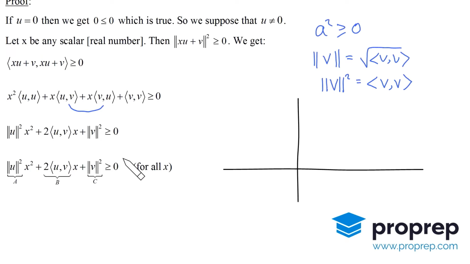What I want to do is draw a rough sketch of this quadratic function, which is y equals ax squared plus bx plus c, the left-hand side. Now notice that a is bigger than 0 because, well, it's something squared, and also u is not 0, so a is not 0, so it has to be positive, which means that this is an upward facing parabola.